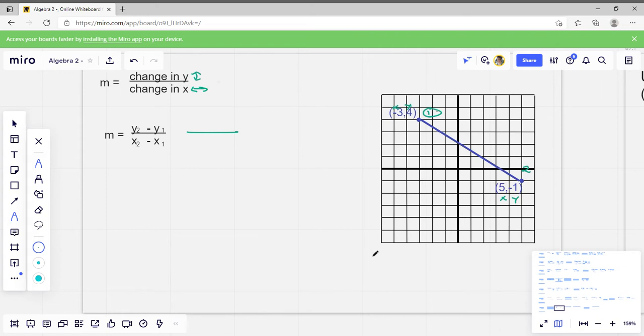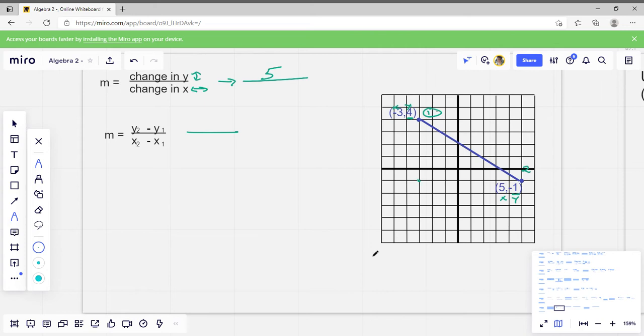Actually, let's do it this way first. It's rise over run. So how far did we go from 4 down to -1? Well, we moved 5 spaces. That goes on the top, your rise. That's how far down we went, right?